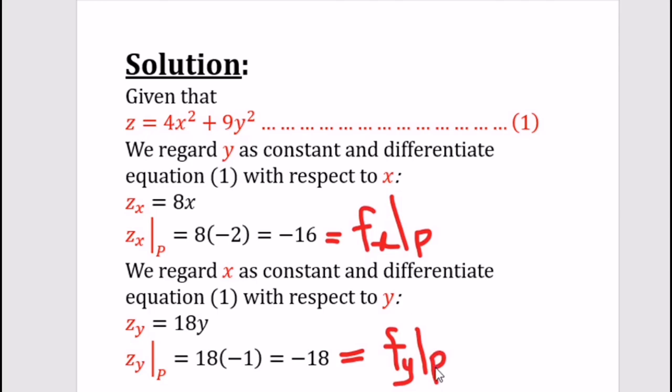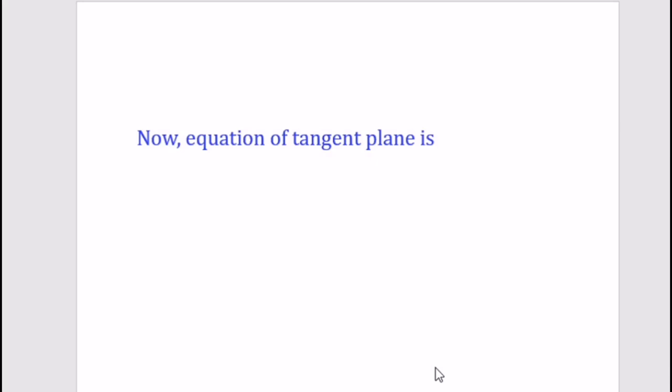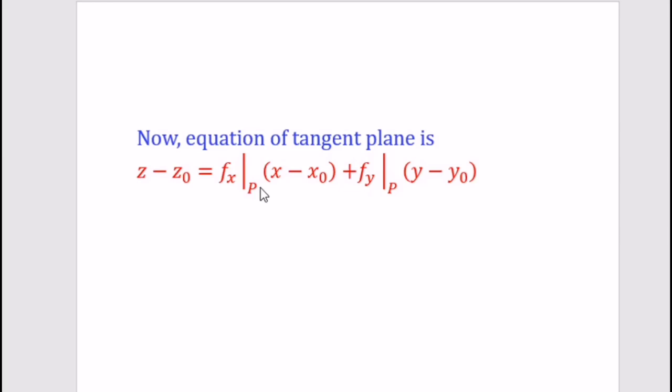So now the equation of the tangent plane is z minus z0 is equal to fx at P times (x minus x0) plus fy at P times (y minus y0). Now we have the values of z0, fx at P, x0, fy at P and y0.